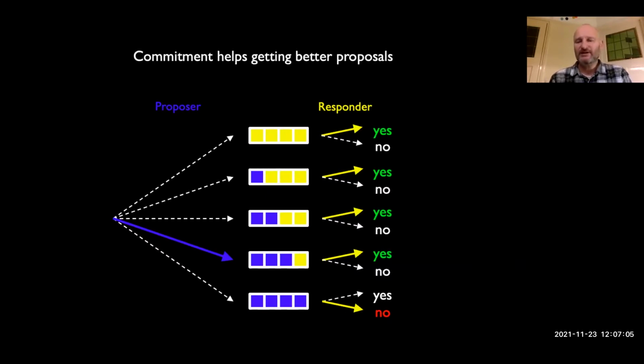Now, here is what commitment can do. We're looking again at this part of the game. So what if individuals can commit to rejecting? And what if proposers can tell?